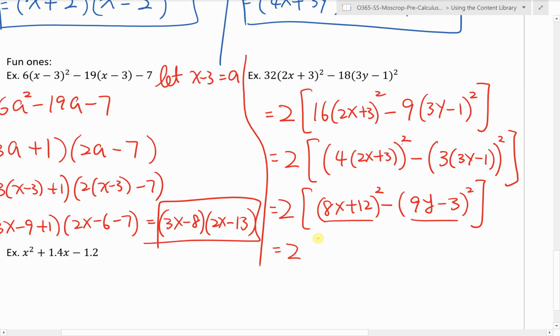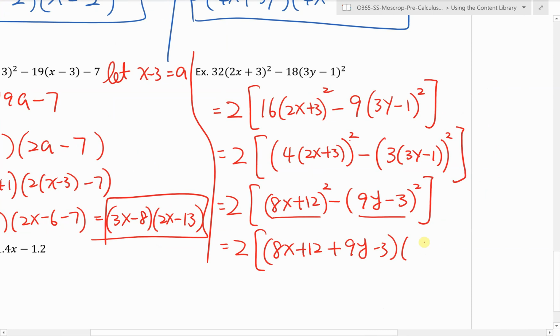So now we know how to factor this. It's going to be 8x plus 12 plus 9y minus 3, times 8x plus 12 minus, okay, be careful because it's minus, so it's going to be minus 9y, and it's going to be minus negative 3, so it's actually a plus 3 here.